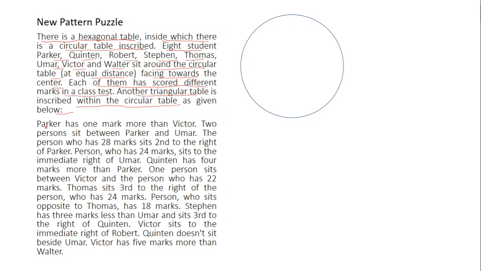As the question is saying, Parker has one more mark than Victor. We will represent Parker as P and Victor as V, and the difference between the marks is 1. Two people sit between Parker and Omar, Parker as P and Omar as U. The person who had 28 marks sits to the second right of Parker.